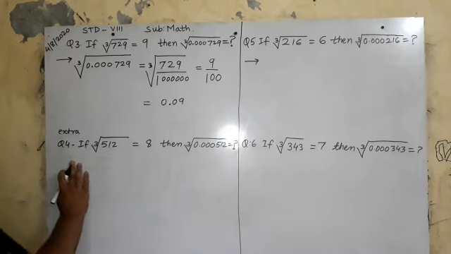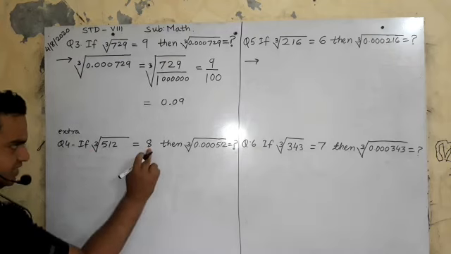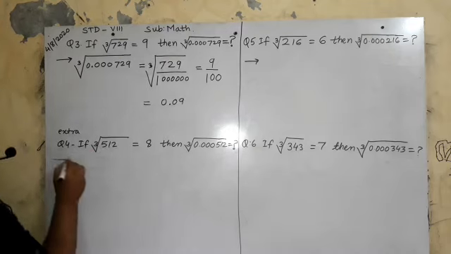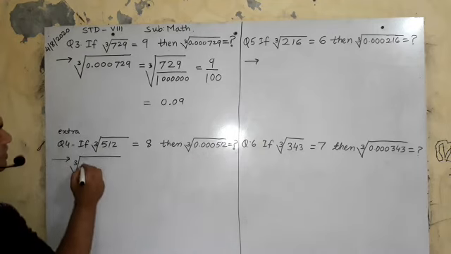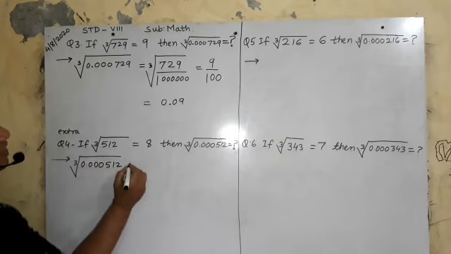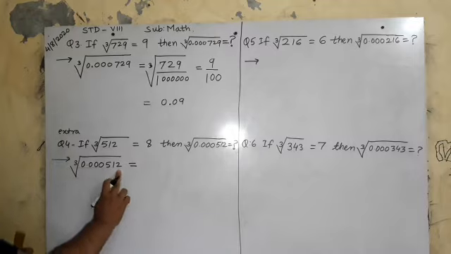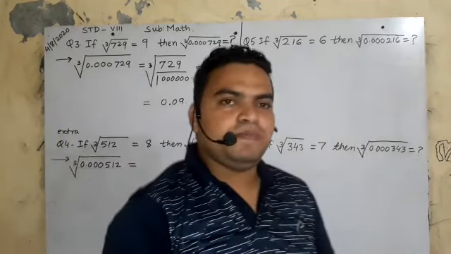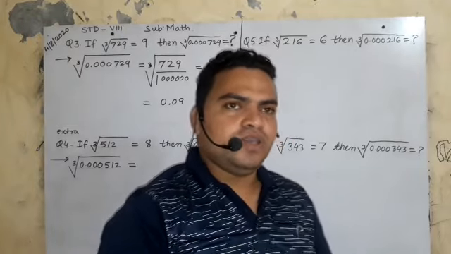See the extra question. If the cube root of 512 is 8, then fine. First I will write this question. The cube root of 0.000512 is equal to... I know the cube root of 512, it is 8.